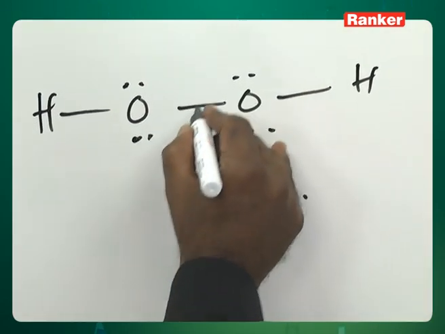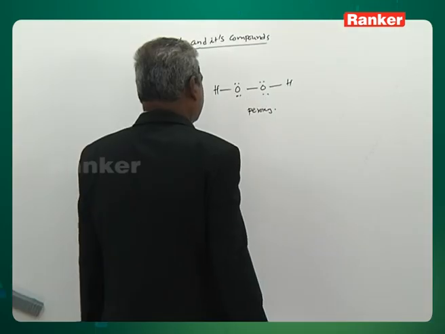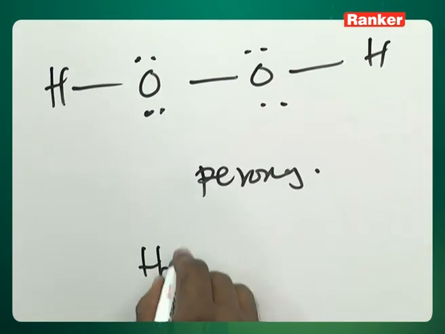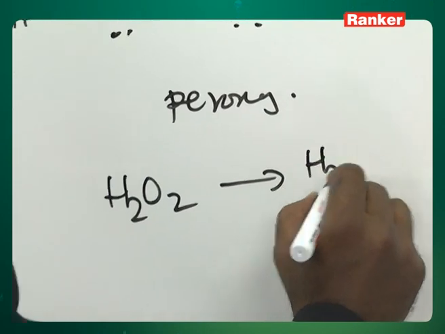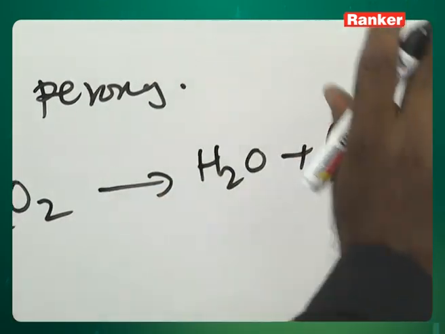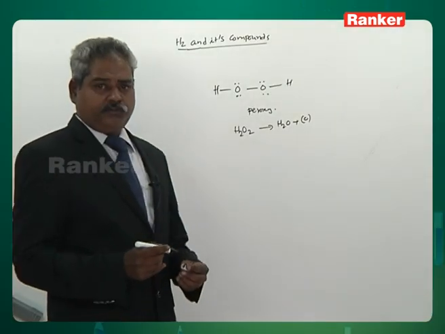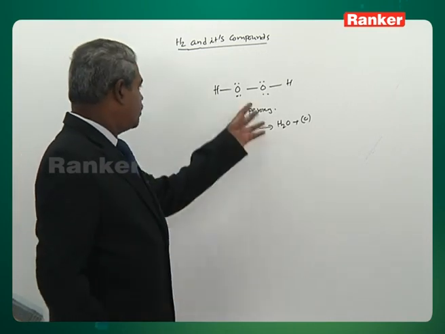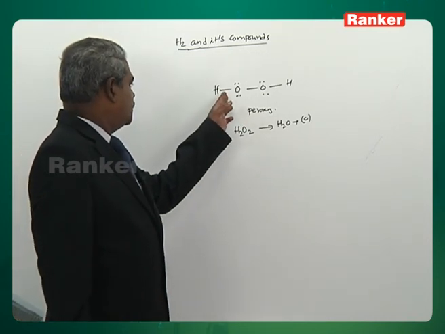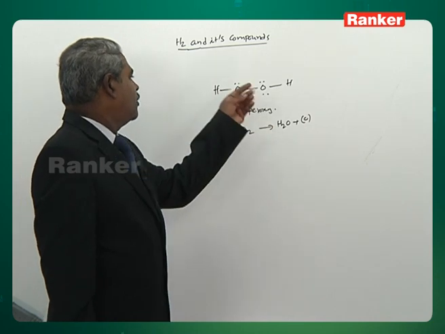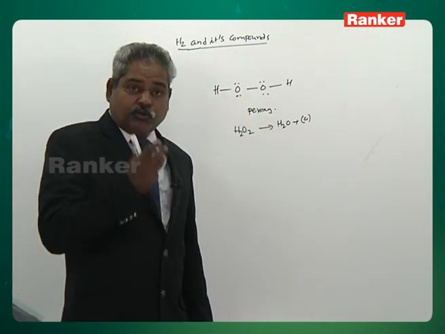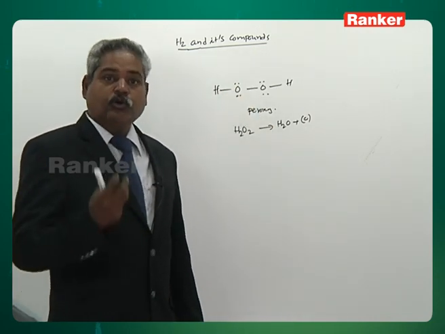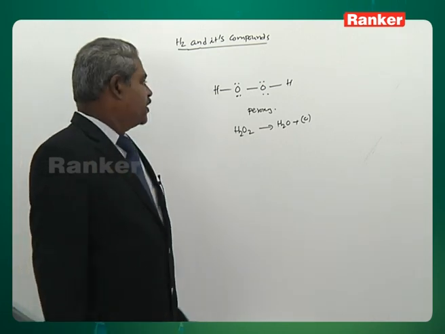Because of the lone pairs, the bond breaks easily. So H2O2 decomposes to give H2O and O, loses oxygen very easily. Whereas the O-H bond is the second strongest bond. O-H bond is very strong, O-O bond is very weak. Therefore, H2O2 in all its reactions wants to become H2O by losing oxygen.